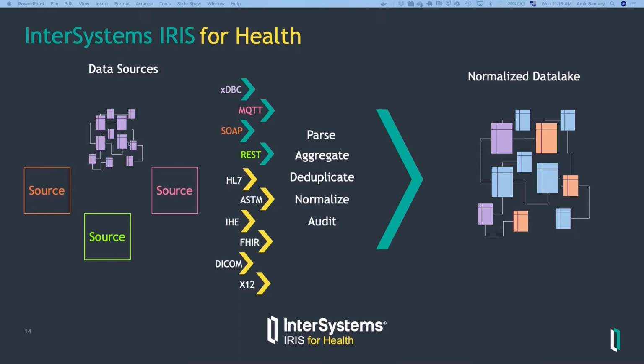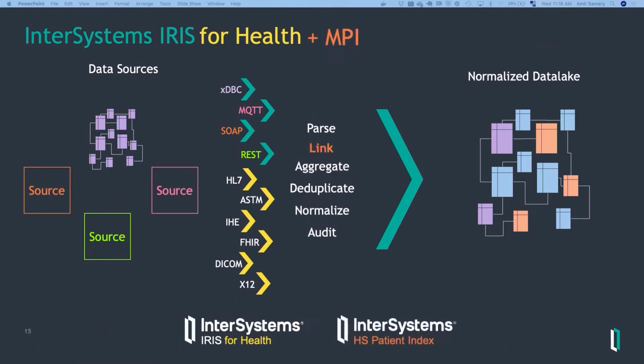But you need a master patient index. And you need to store all these documents, these lab results, radiology results, discharge summaries. You need to store all of that, link them together, extract information from them, put that on a meaningful data model. And we haven't even started with the machine learning yet, right?